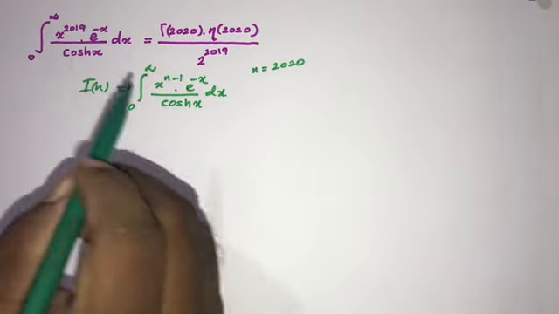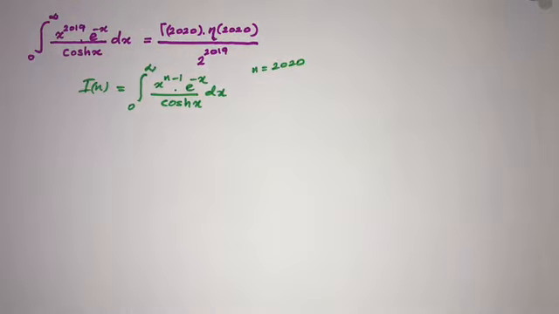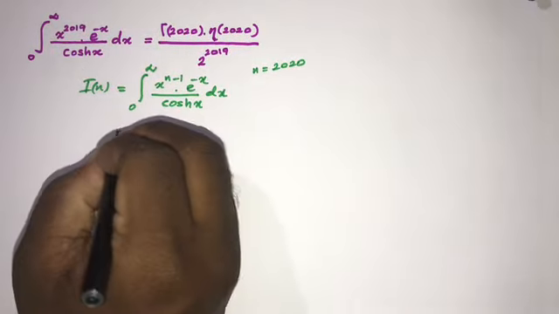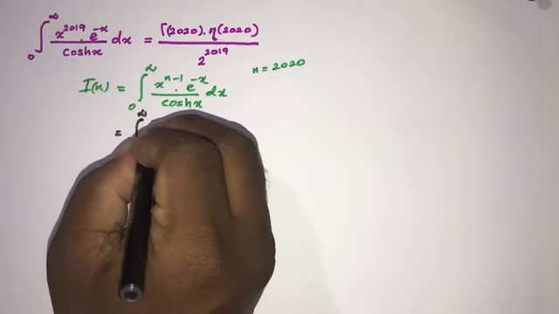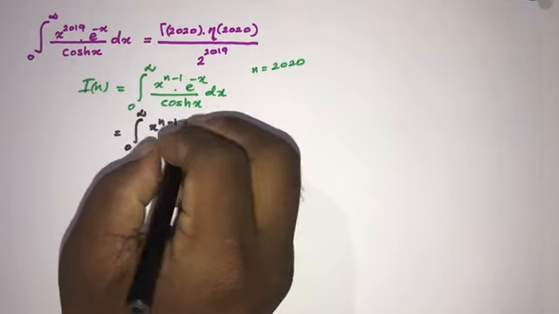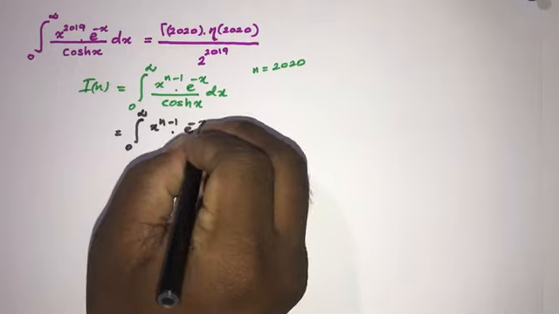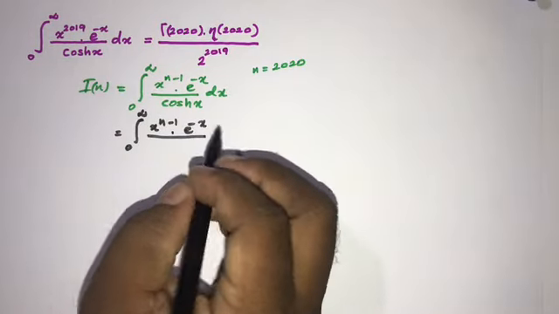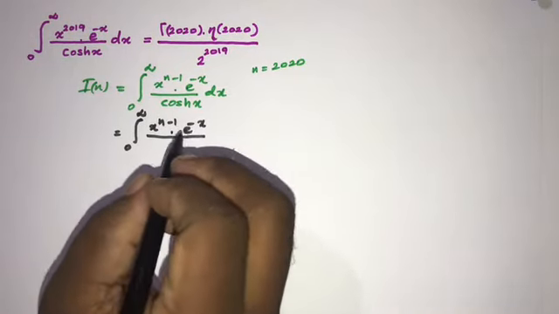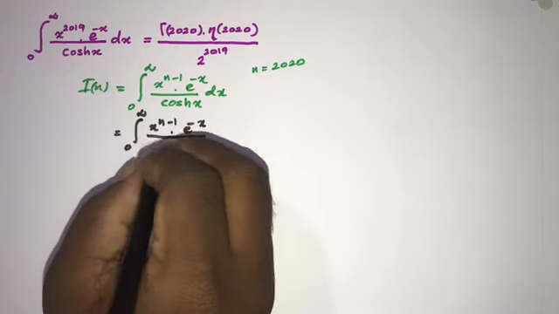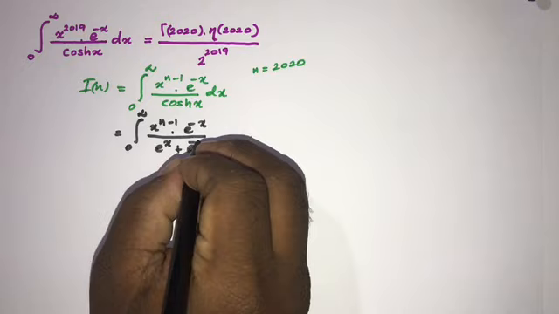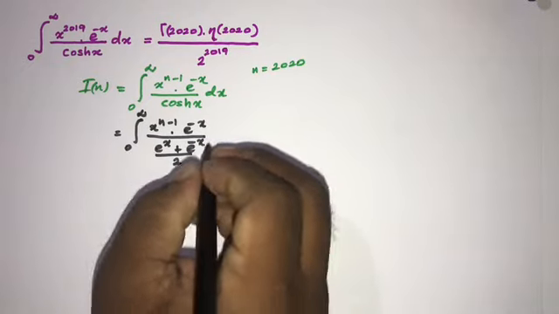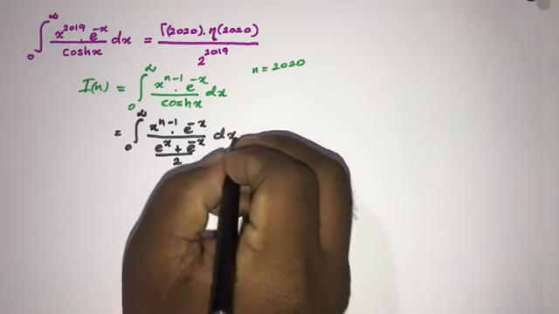Now we can write this as the integral from 0 to infinity of x to the n minus 1 e to the minus x over hyperbolic cosine of x, which we can write using the exponential function as e to the x plus e to the minus x over 2, dx.